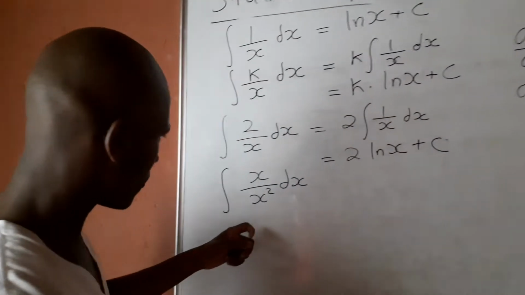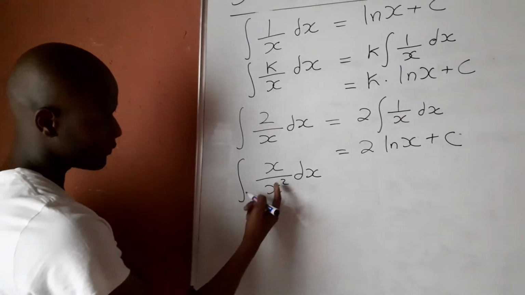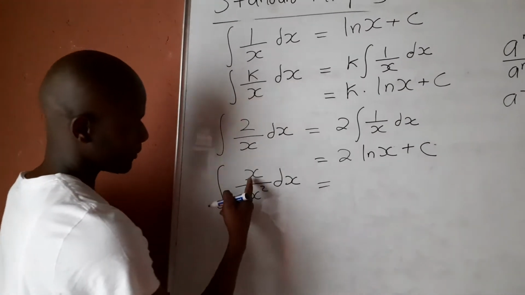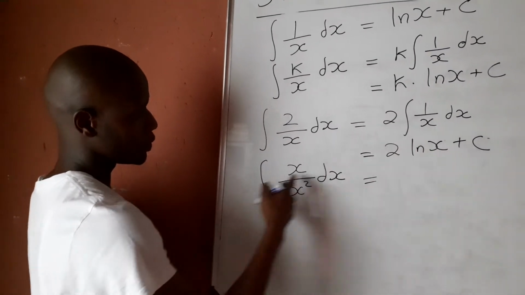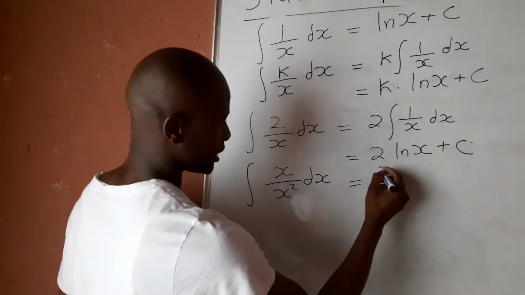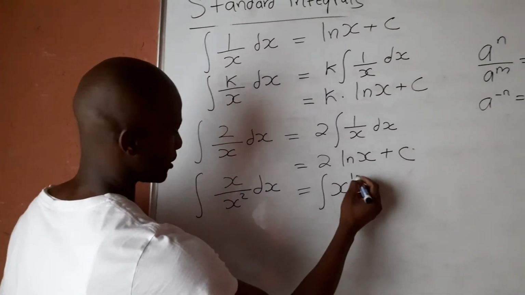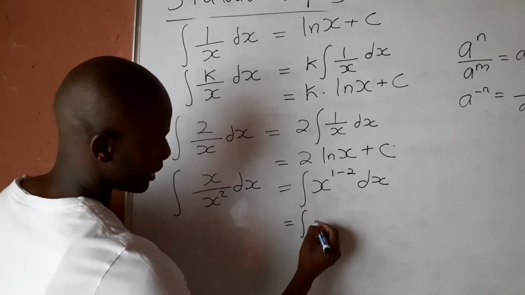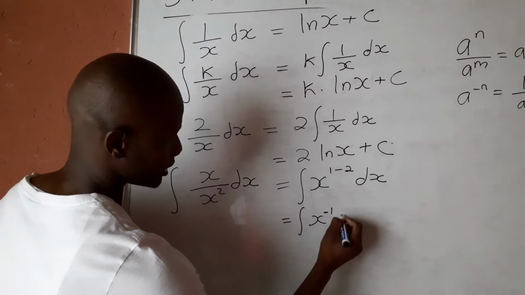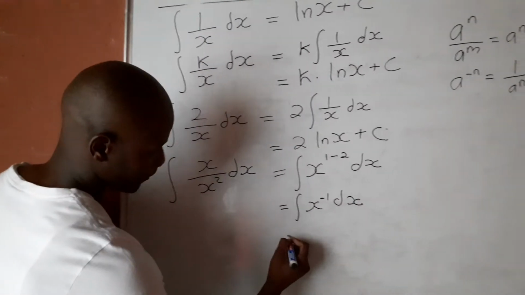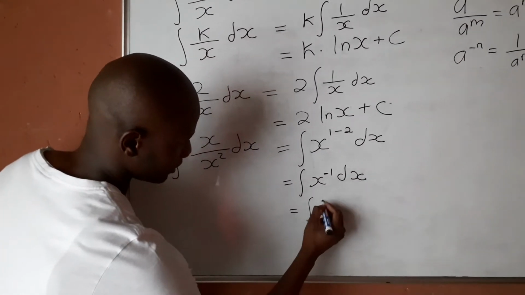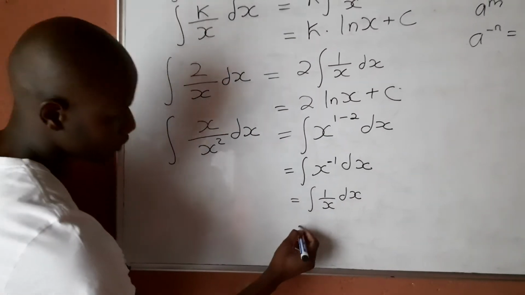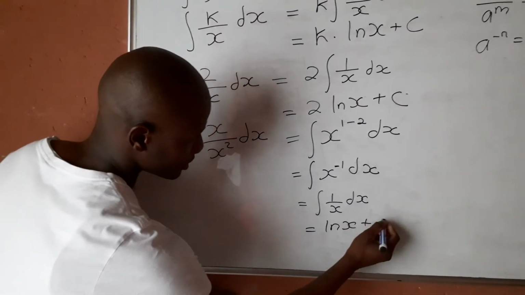So integrate x over x squared dx: we're dividing the same base, so it's the integral of x to the power 1 minus 2 dx, which is the integral of x to the power minus 1 dx, which is the integral of 1 over x dx. Now we can integrate. It's going to be ln x plus c.